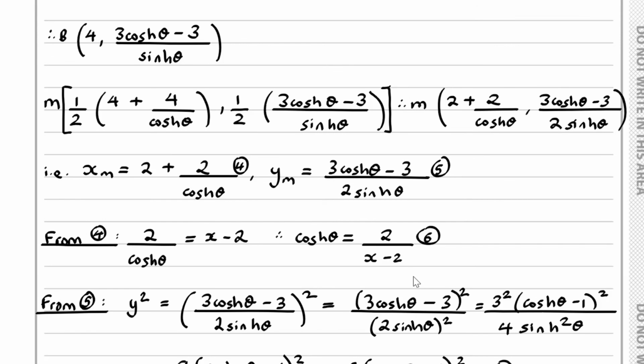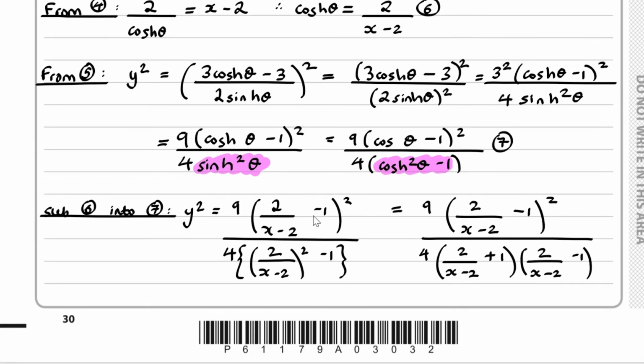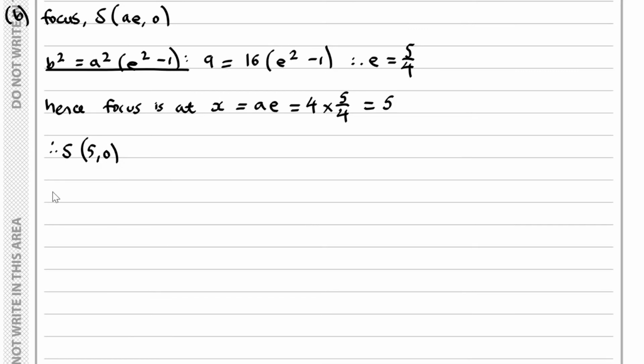So what we can now do is say that D, this distance, is greater than 5 minus 4. So the distance is greater than 1. Okay?